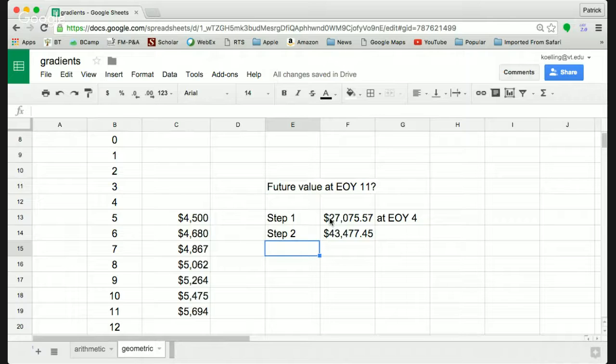Geometric gradient, change by a constant rate each period. And the magical NPV function that makes our life a whole lot easier. So you'll want to use that. You'll be using that NPV function a lot when you solve problems on the homework and on the quizzes coming up.